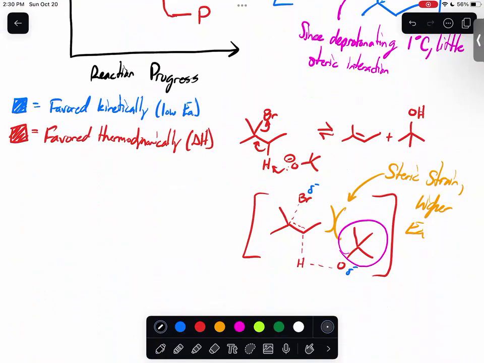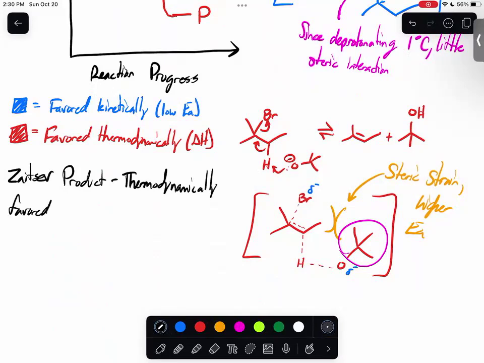So Zaitsev essentially found that if you're looking at a reaction, that the Zaitsev product for an E2 is the thermodynamically favored alkene. All right. And this usually results from small bases.